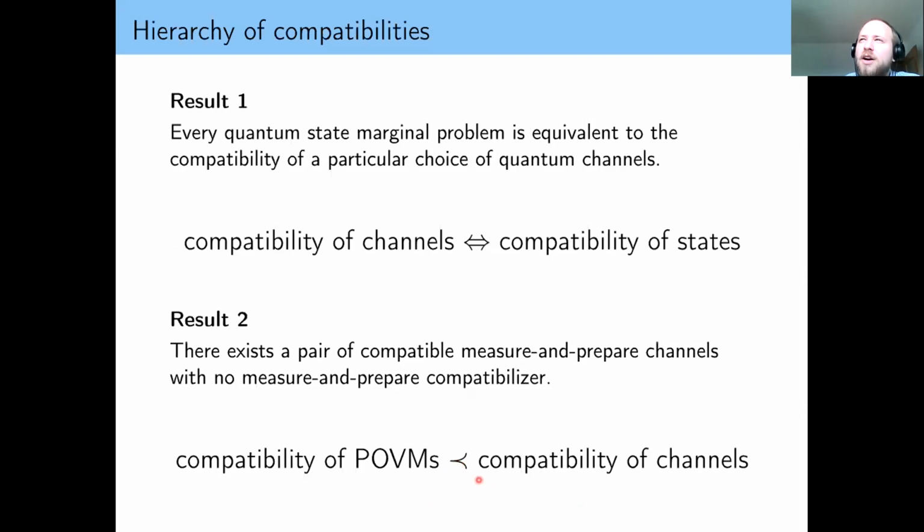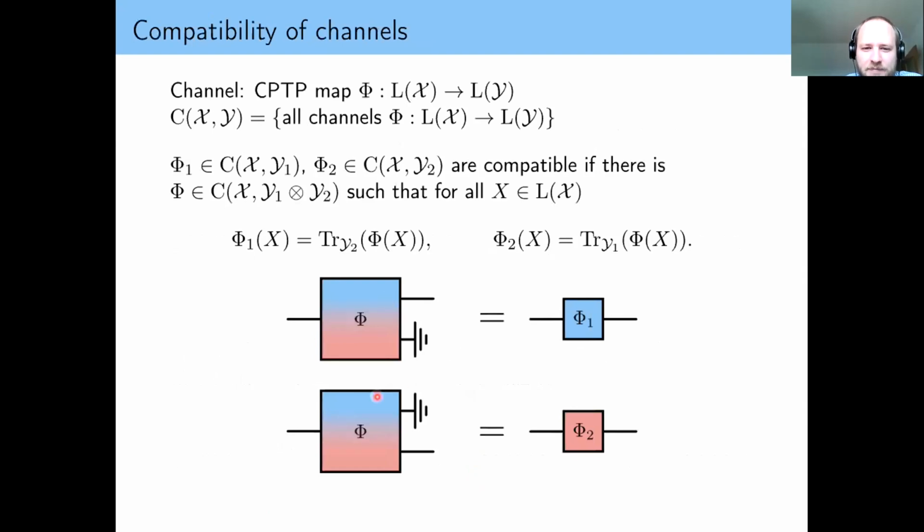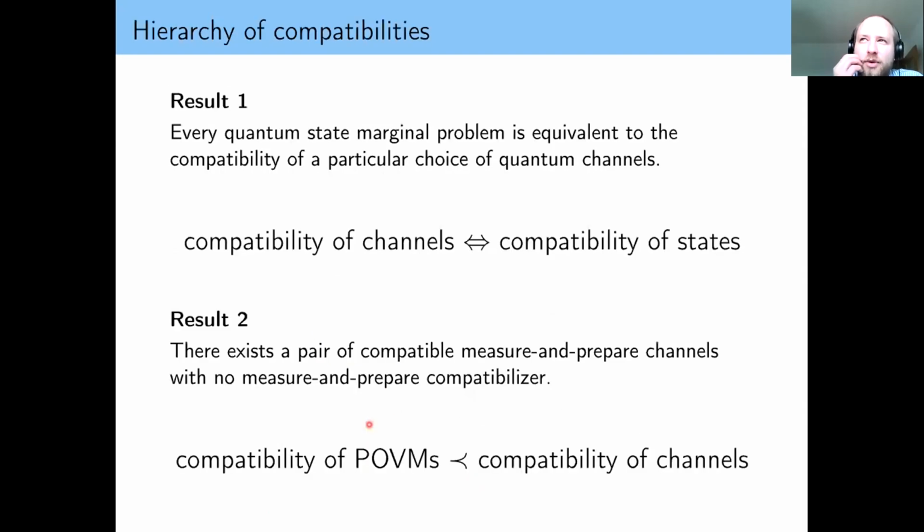This is because one can find some measure-and-prepare channels such that the joint channel, this big channel phi, is not measure-and-prepare. So in some sense, compatibility of channels is more general than compatibility of POVMs, and one should not expect that any results that hold for measurements will also hold for channels. So, a weaker concept.